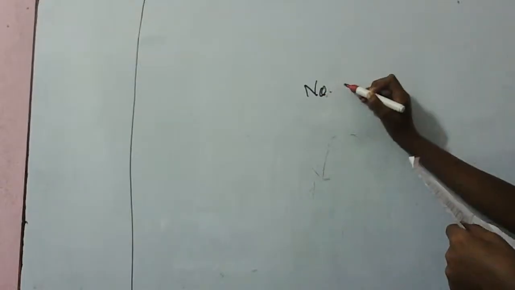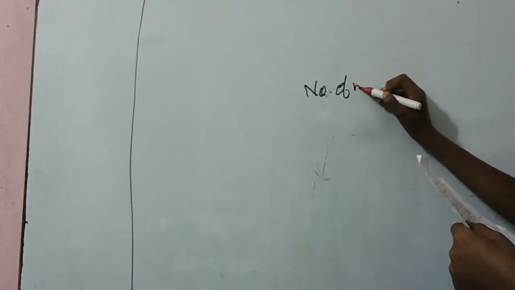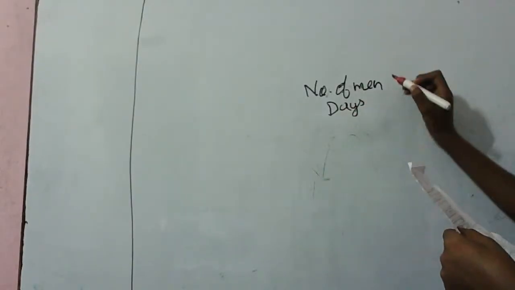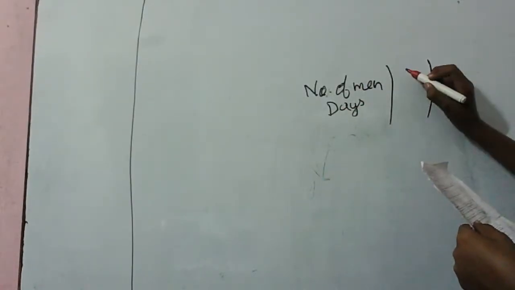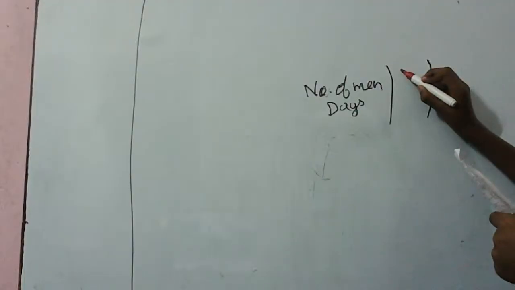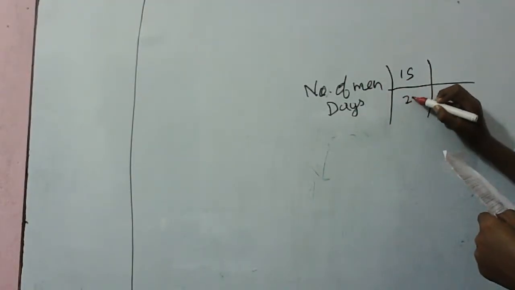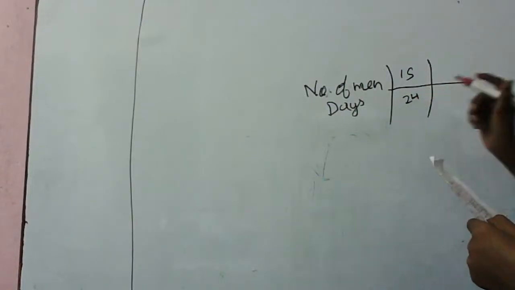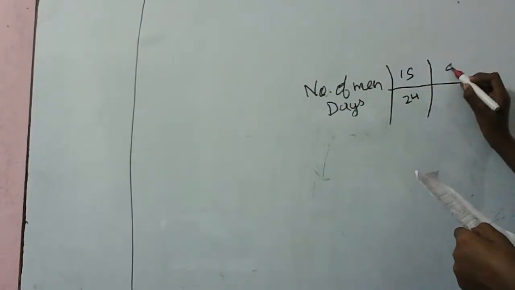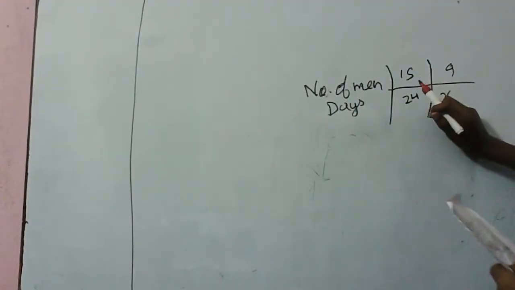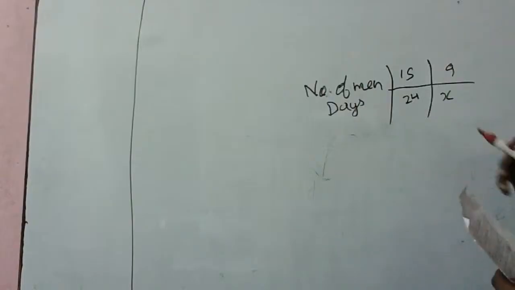Number of men, days, time. Here, 15 men can repair a road in 24 days, and 9 men will repair it in x days. If men decrease, days increase.